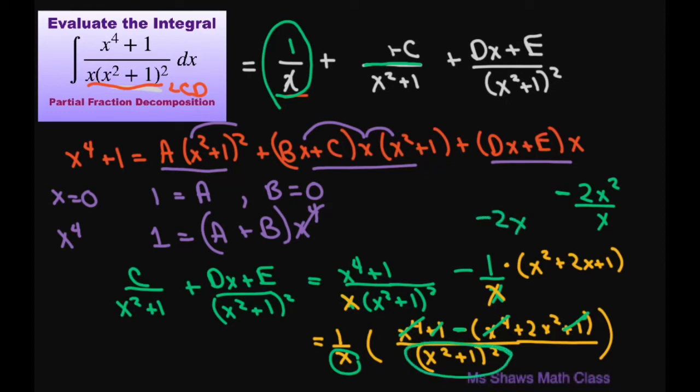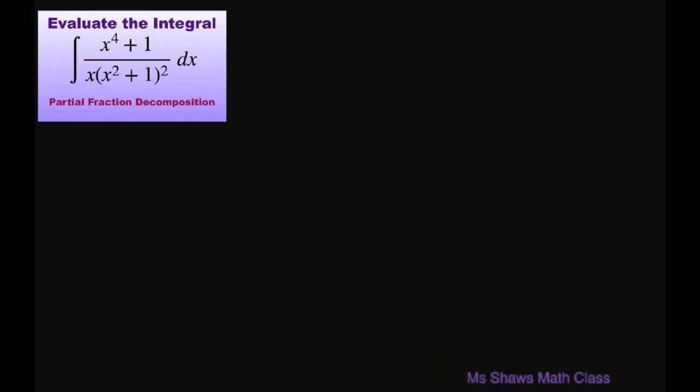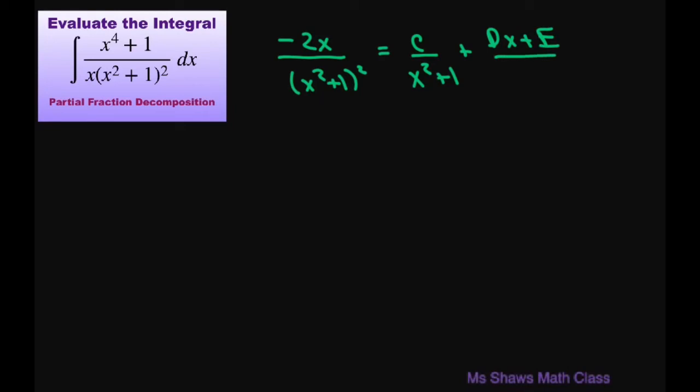All right, so let's write that down. So you're going to get negative 2x divided by (x^2 + 1)^2, and that's going to equal our C divided by (x^2 + 1) plus (Dx + E) divided by (x^2 + 1)^2.